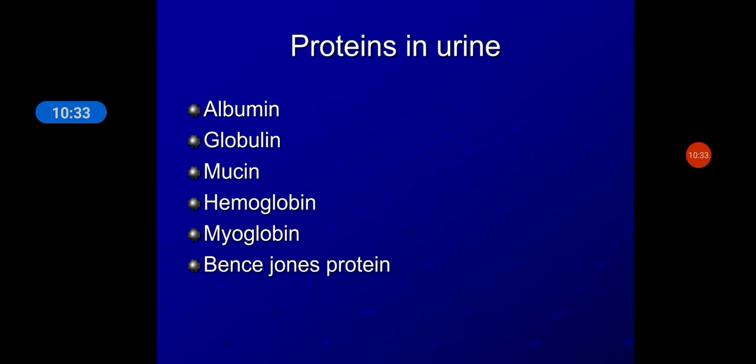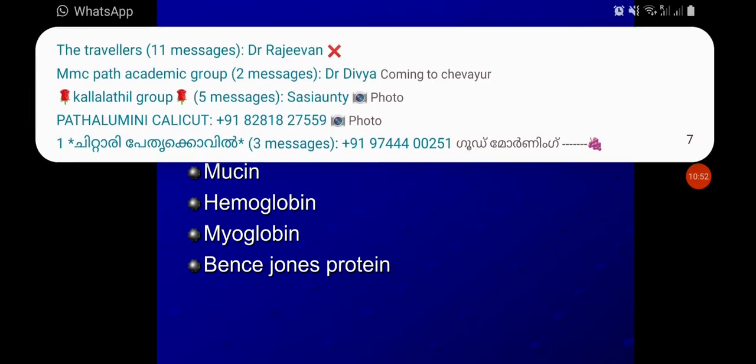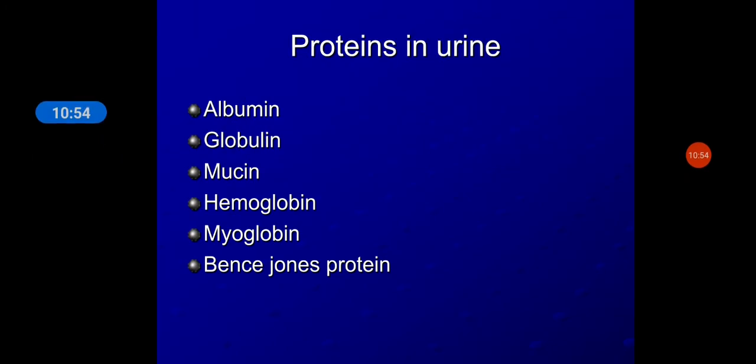So these are the normal proteins which are present in urine, but their ratio is very minimum. Ideally you will find very trace amounts or very minimal amounts. When you find excess of these in urine, it is definitely pathological.